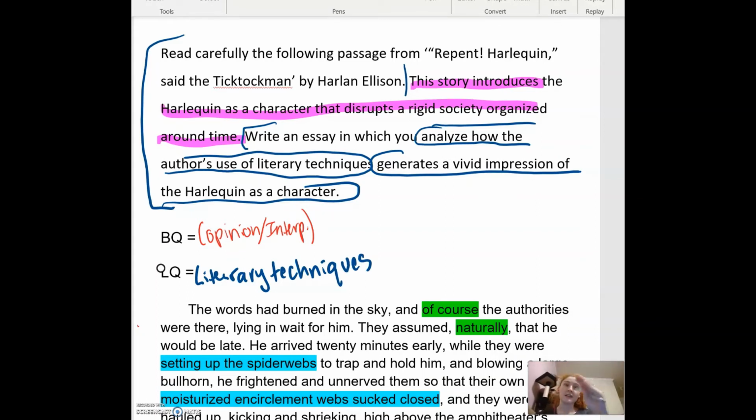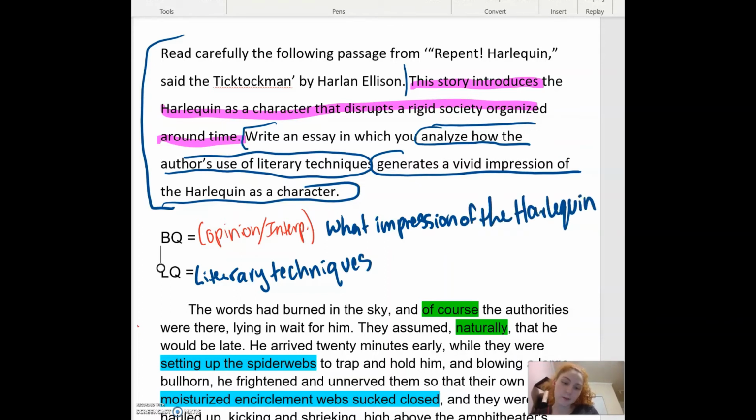This big question is the thing that you are going to defend. So this is asking you, what impression of the Harlequin? Cool. So you have your 2 tasks.